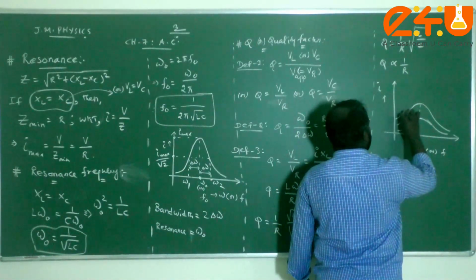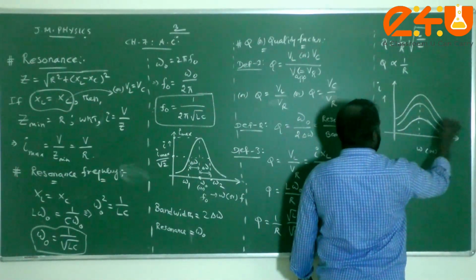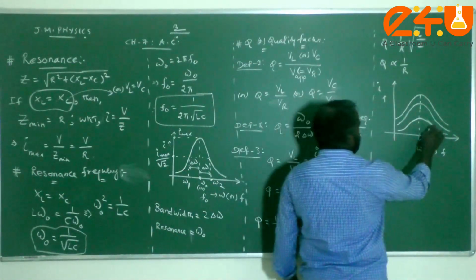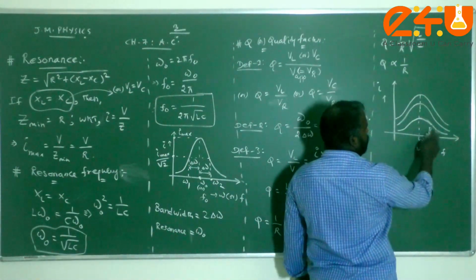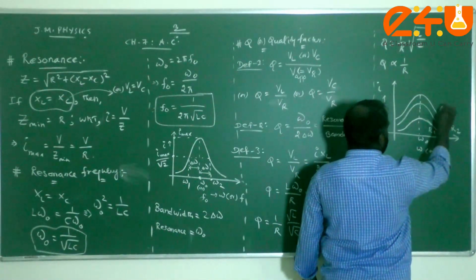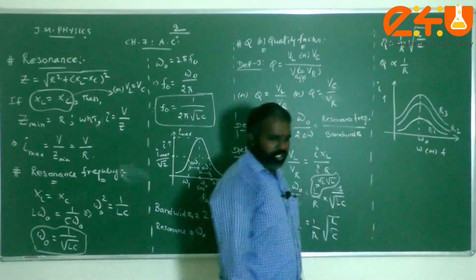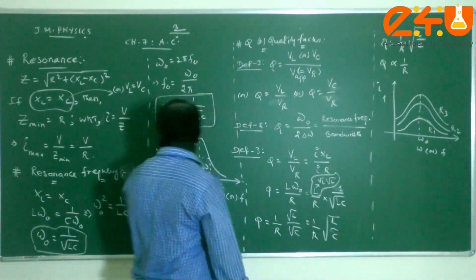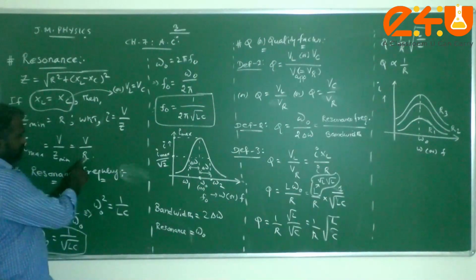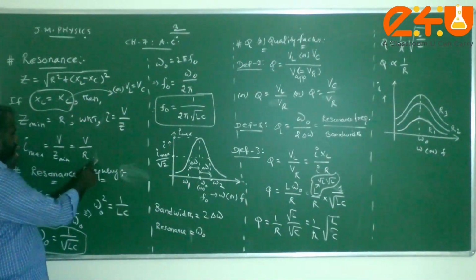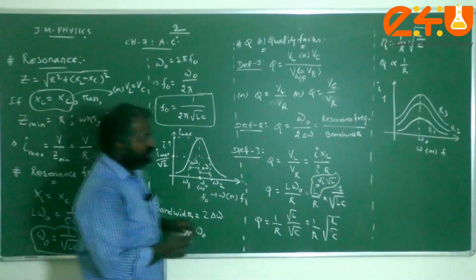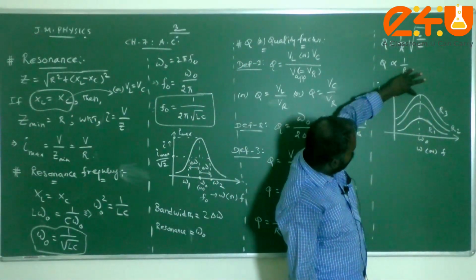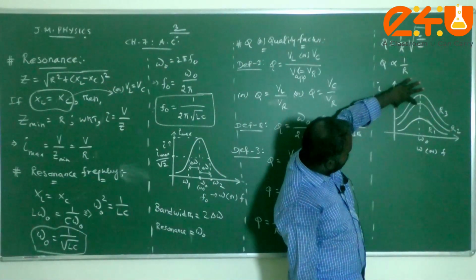This is the omega naught or f naught value. This is for the resistance R1, this is for R2, this is for R3. Current and resistance are inversely proportional. So when R decreases, I max increases. For this R3, the I max will be more. For R2, it will be less.